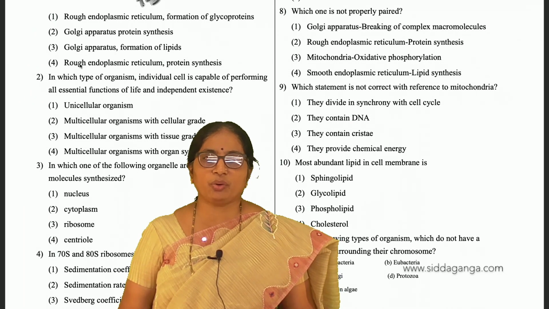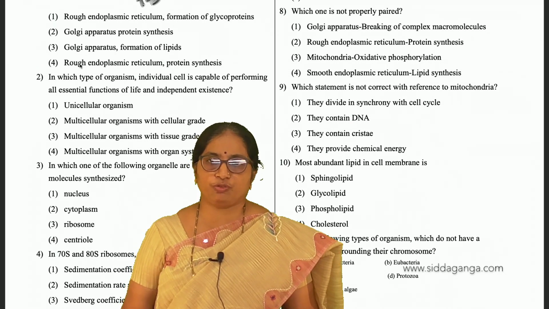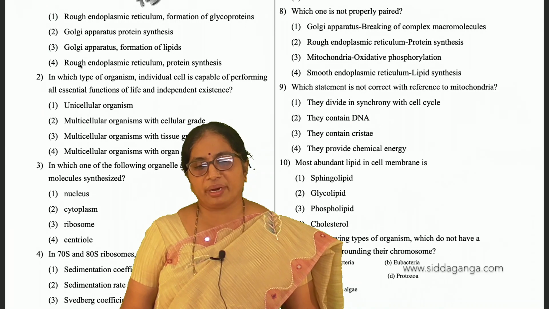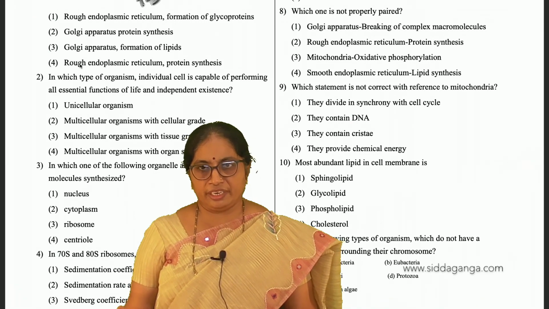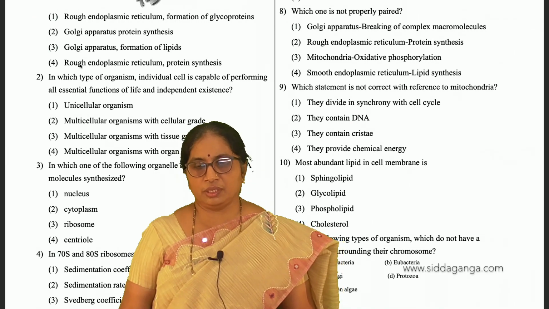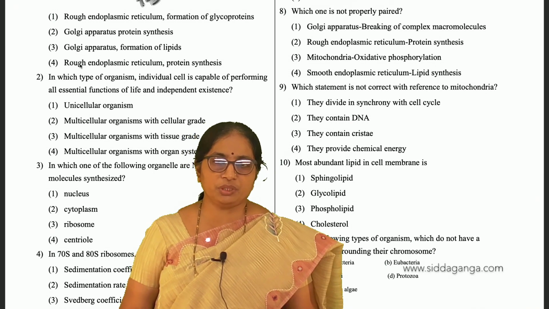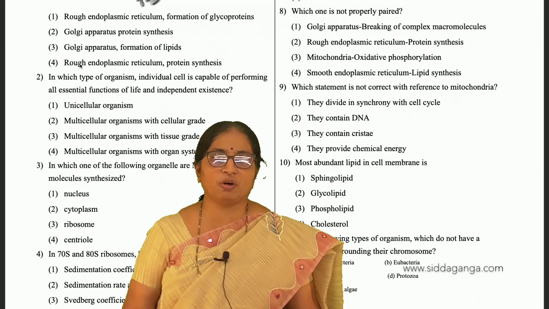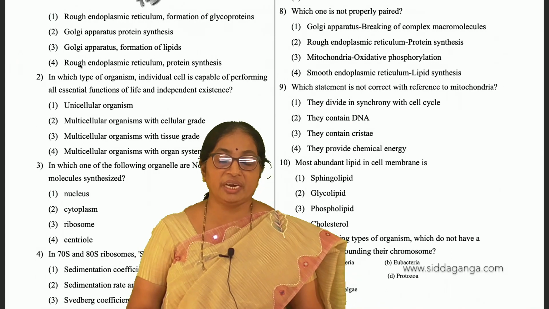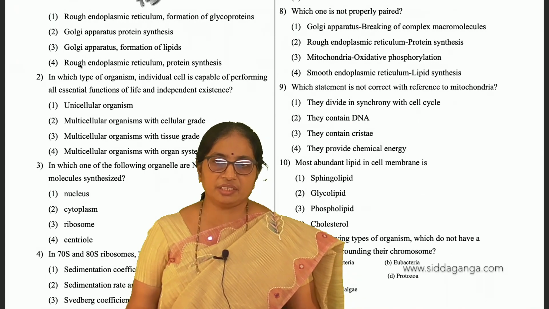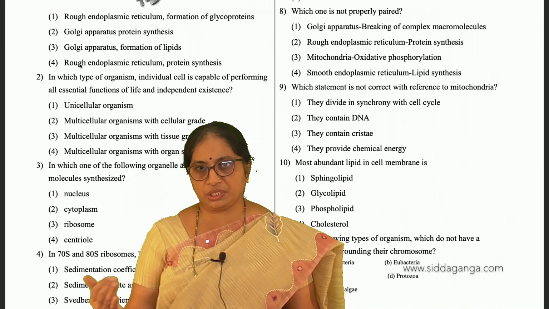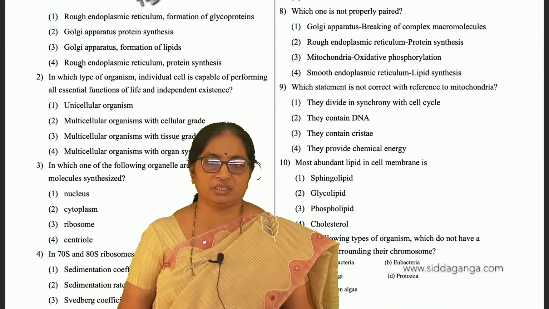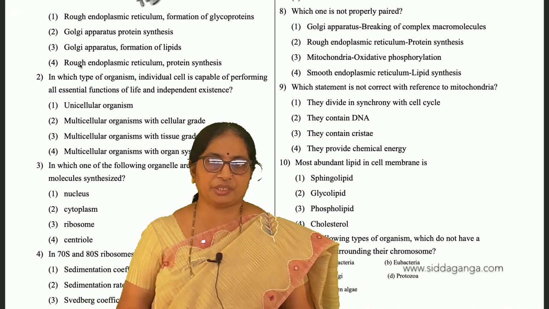And the third is mitochondria, oxidative phosphorylation. We know that mitochondria is the energy producing organelle, the powerhouse of the cell, and it stores energy in the form of ATP molecules, that is adenosine triphosphate. One of the steps producing it is oxidative phosphorylation, which takes place in the mitochondrial matrix.